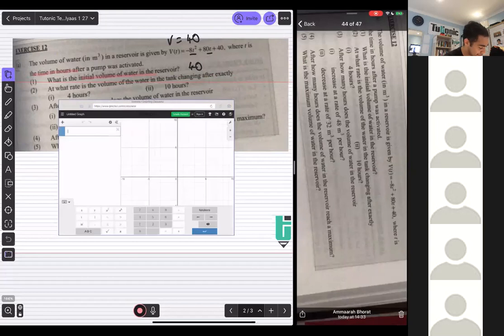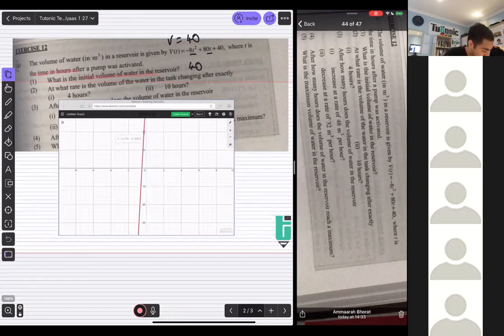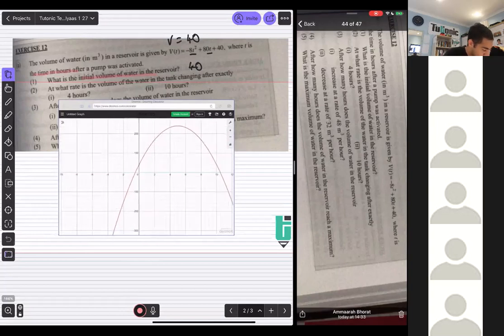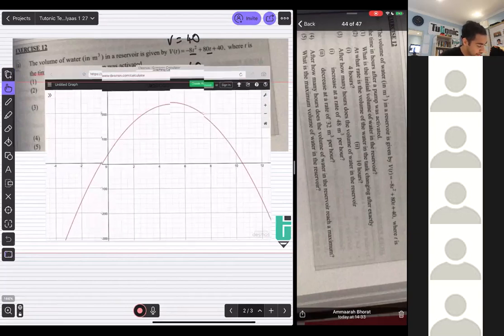It's fine. y equals minus 8x squared, right? Plus 80, plus 40. So this is the graph, guys.